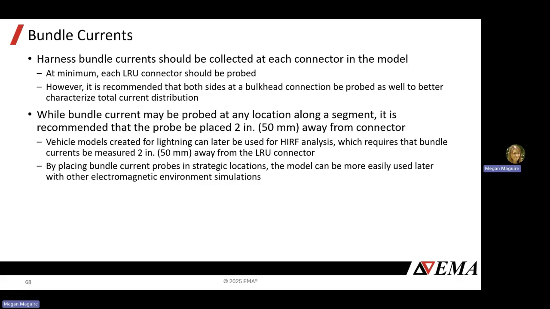The reason being, for lightning, it doesn't matter where you measure your bundle current, but for HERF, typically it's measured at 2 inches from your connector. So if you create your model with that in mind, you can kind of future-proof it. Say you have your lightning model and you want to eventually use it for HERF, it's already set up to run your HERF simulation without having to move your probes to be 2 inches away.